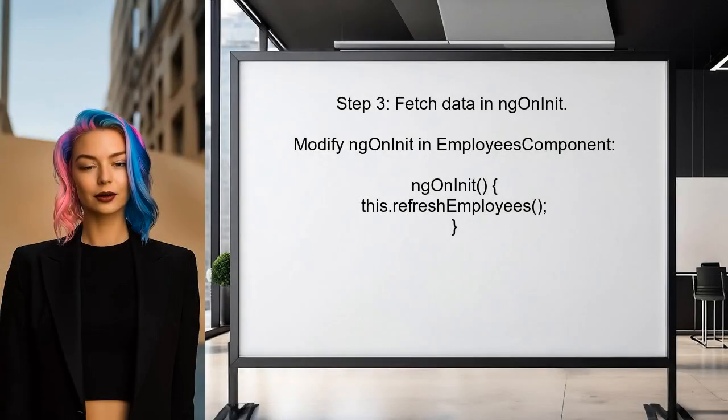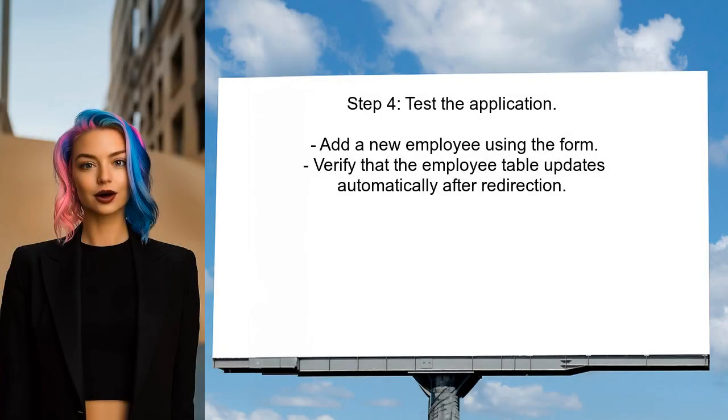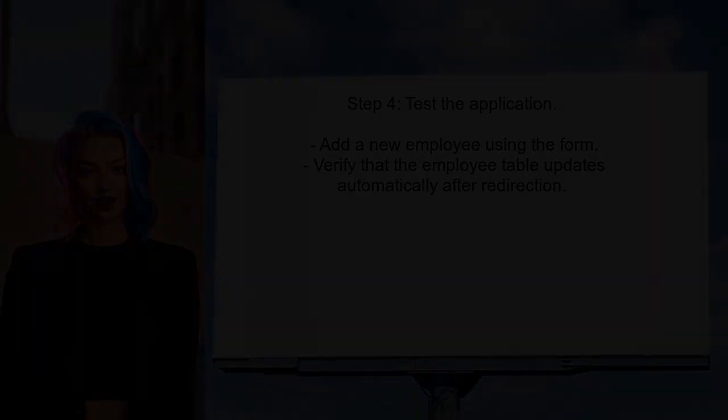Additionally, the user should ensure that the employee data is fetched whenever the component is activated. This can be done by moving the data fetching logic to the ngOnInit method. Finally, the user should test the application to confirm that the employee table updates correctly after adding a new employee. This ensures that the new data is displayed without needing to recompile the code.